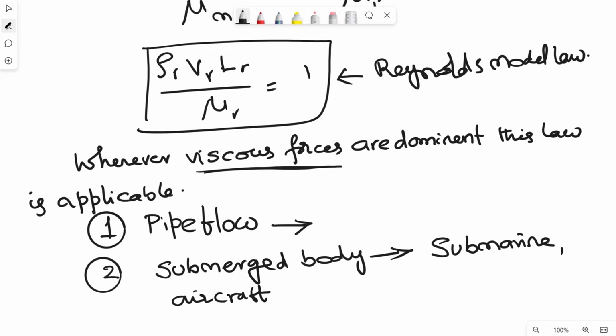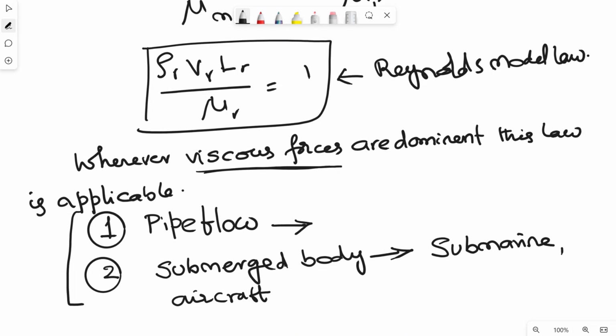So we use the Reynolds model wherever pipe flow problems are there, and wherever the body is completely submerged in the fluid. Please note that. Any problem under Reynolds model law is based on these two.